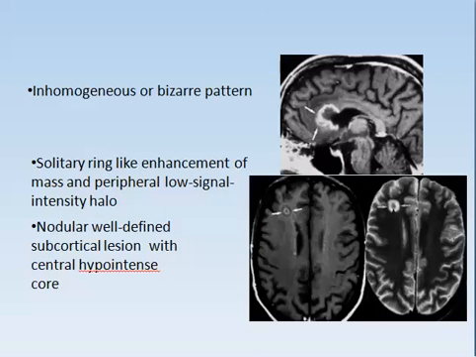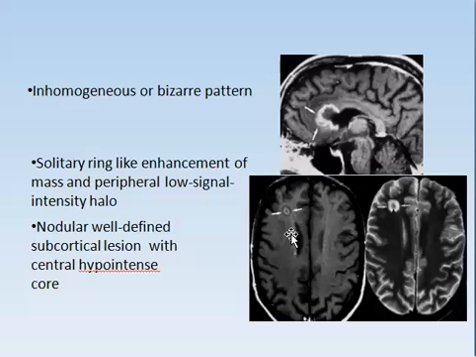Lymphoma is not necessarily present as mass, but it can present a bizarre appearance like here, inhomogeneous bizarre appearance, and here there is the FLAIR and T1 weighted image, T2 weighted images showing the edema surrounding, and here showing the core as hypointense than the halo zone surrounding.